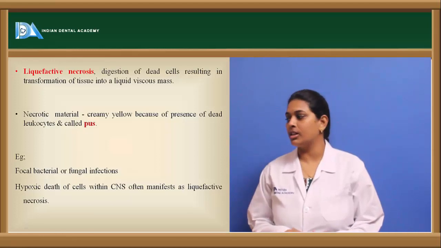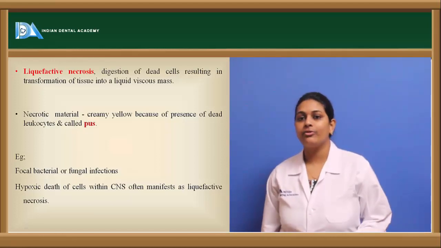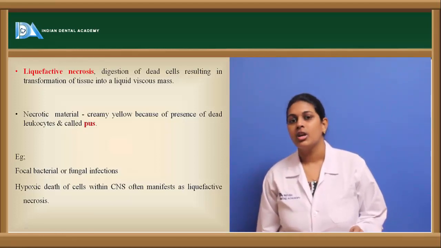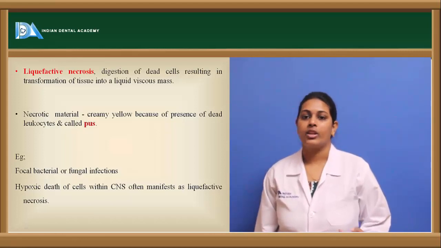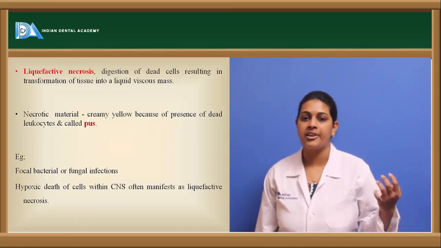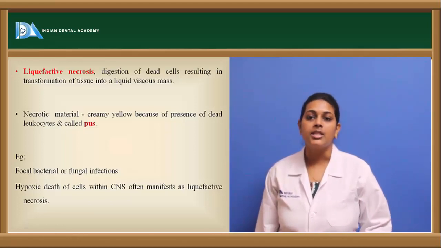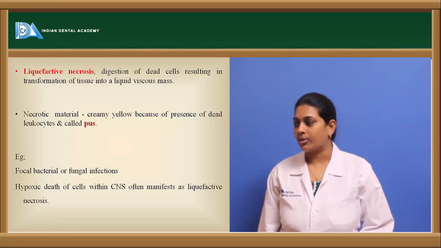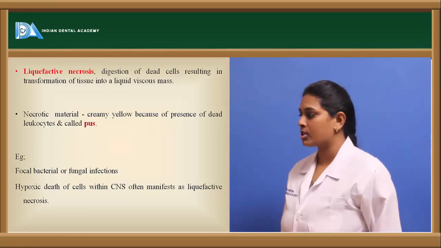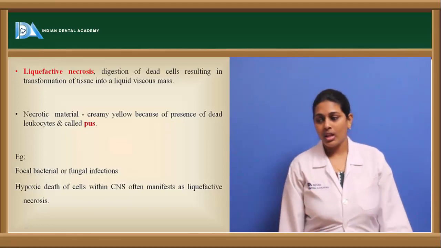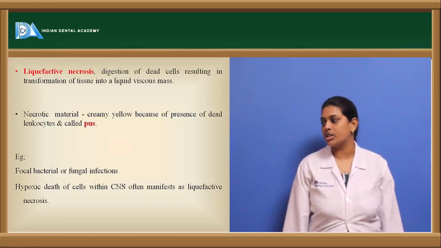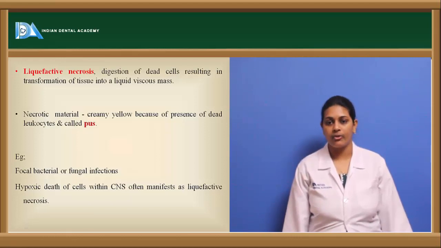A proper example of liquefactive necrosis can be given in focal bacterial or fungal infections, where the infected area is digested by enzymes such as lysosomal enzymes, and it starts to discharge pus. Another illustration is the hypoxic death of cells in the central nervous system, which often manifests as liquefactive necrosis.